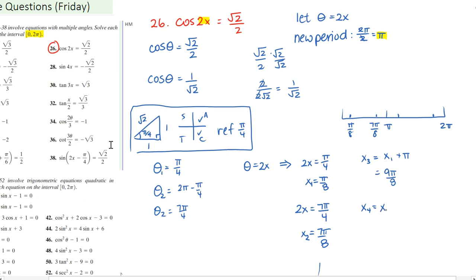And same thing here, we'd use our second angle and add pi to it. So 7 pi over 8 plus pi, so then we're looking at 15 pi over 8. So our four solutions between 0 and 2 pi would be these four here.